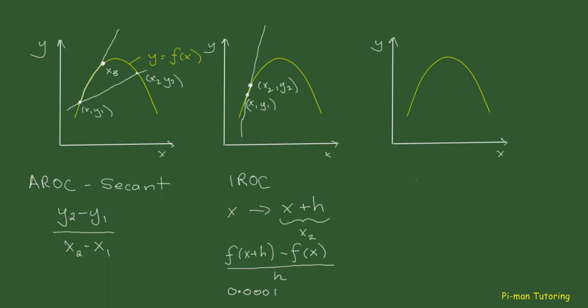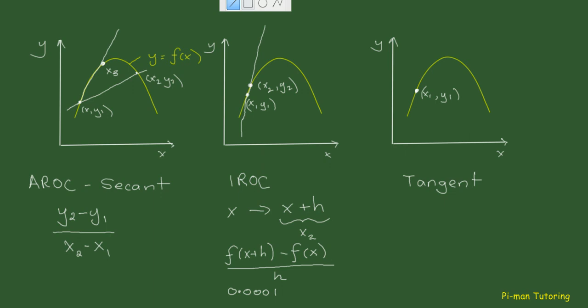Now, we want to move to the next and the ultimate level of accuracy, which is to find the true tangent to this curve, which is the real slope of the line.